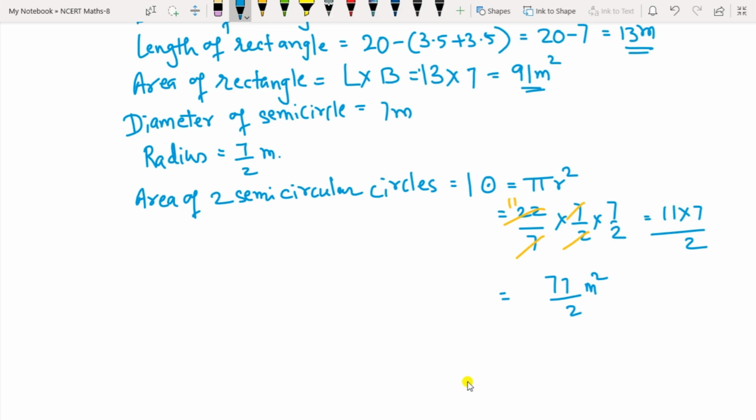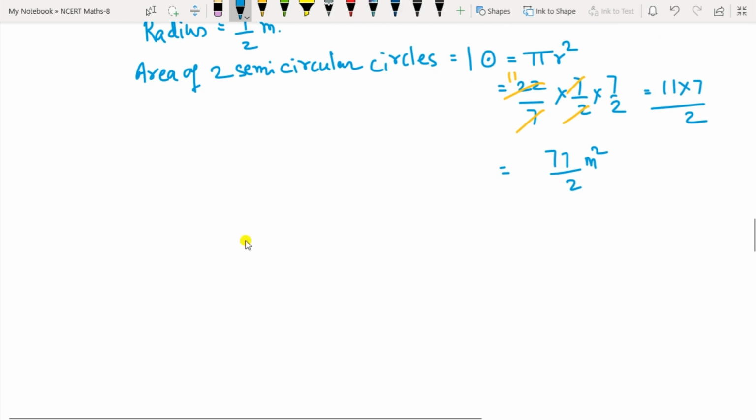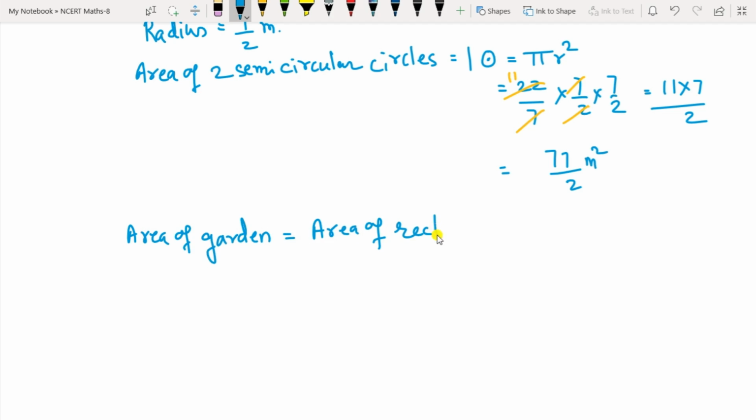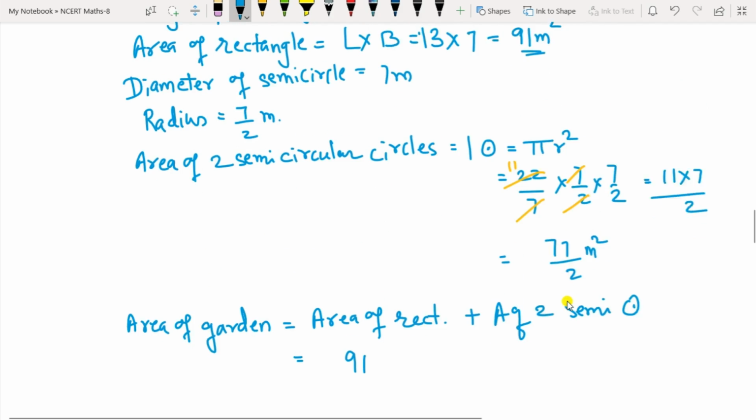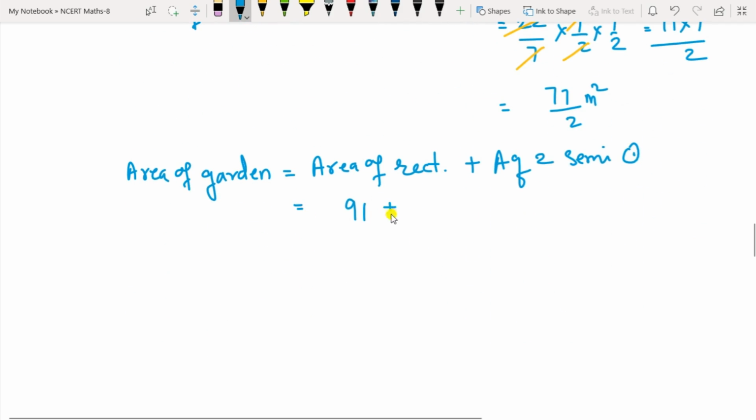Okay. Now the area of the garden. So what is the area of the garden now? Area of garden is equal to area of rectangle plus area of two semicircles. The area of the rectangle is 91, that we just found above, and this is the area of two semicircles, 77 by 2.